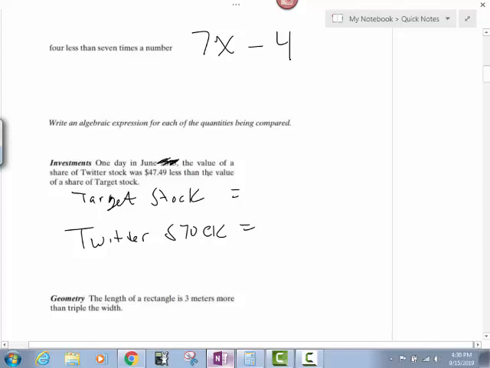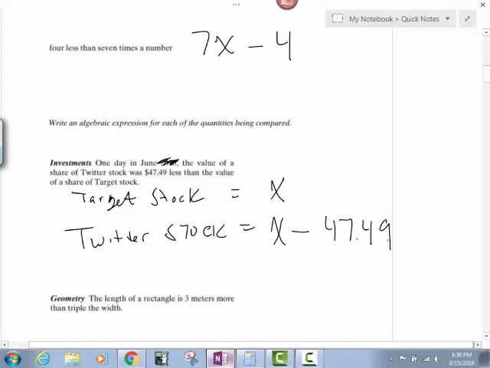Look what it's talking to us about. The value of a Twitter stock was $47.49 less than the value of a Target stock. I don't know anything about how much the Target stock was worth, so let's let that be X. Twitter was whatever Target was minus $47.49.